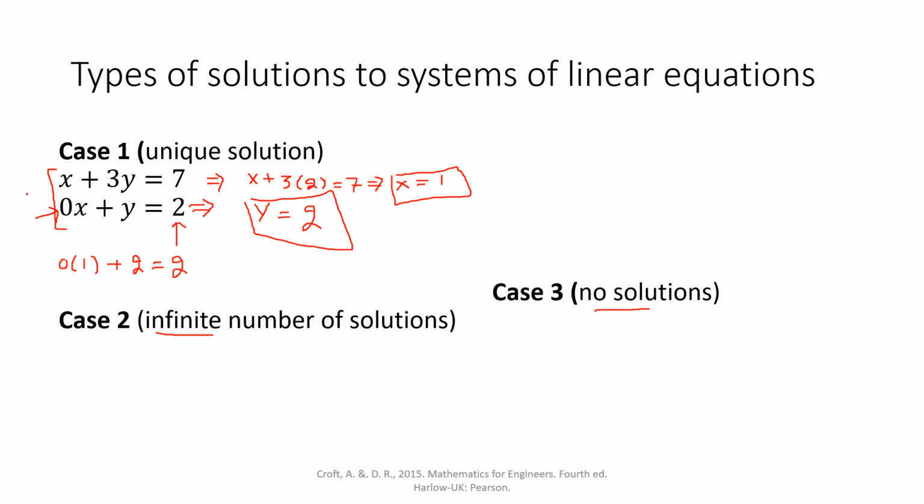And if we plug them into the first one, so 1 plus 3 times the y value, equals 7, which is this 7.